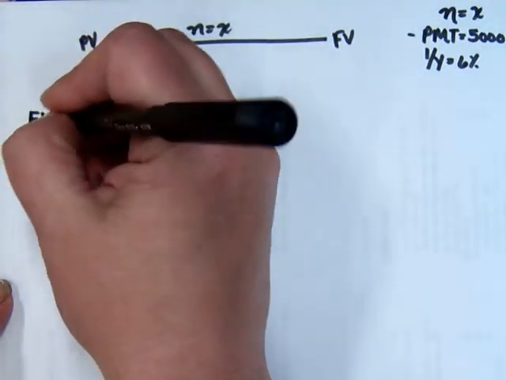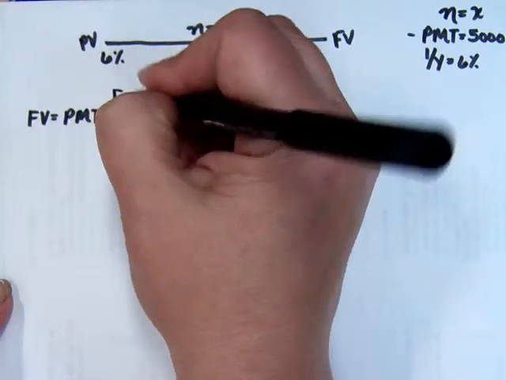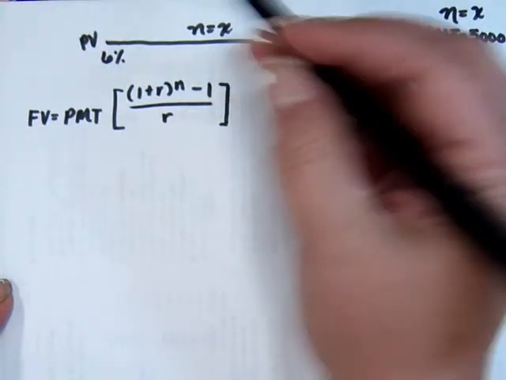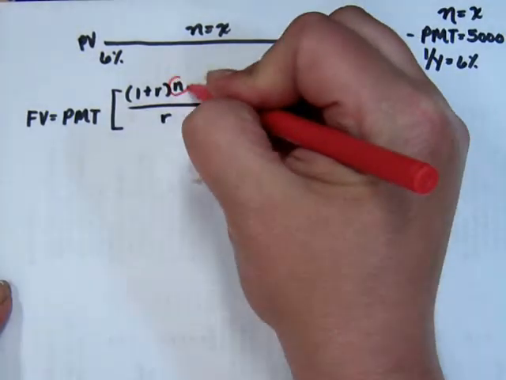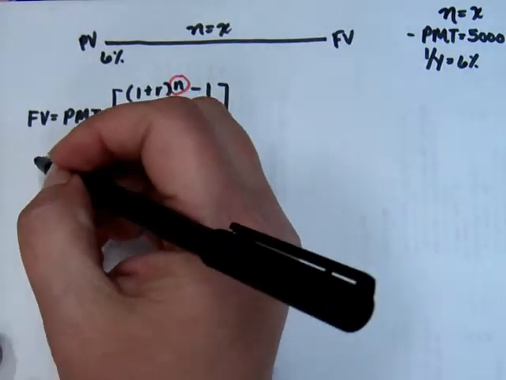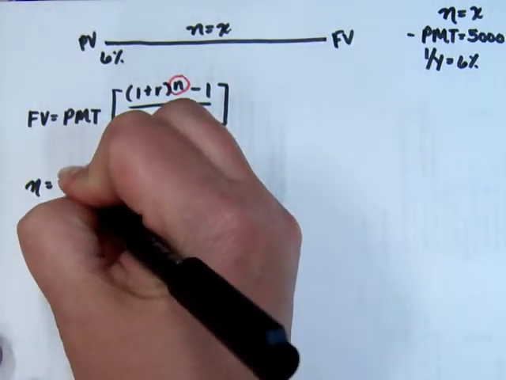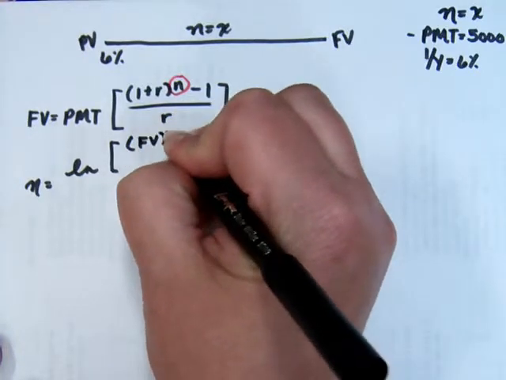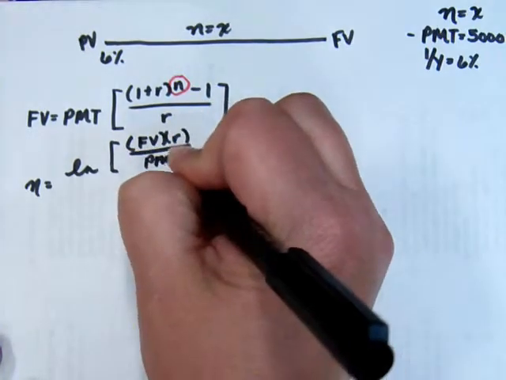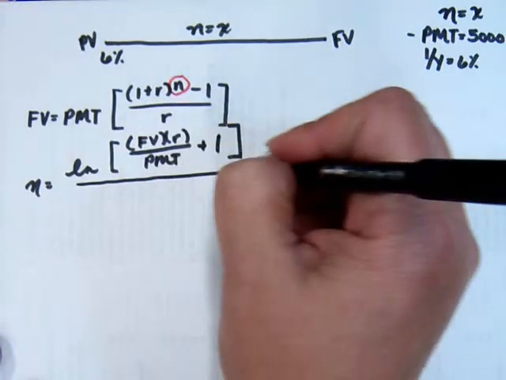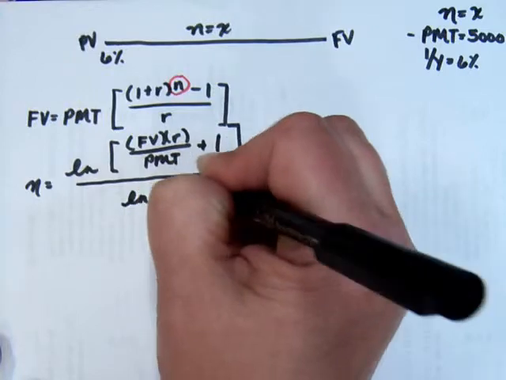The base formula for this is payment times (1 plus R raised to the nth minus 1) divided by R. Now, we can convert this so that we are solving for N. I'm not going to do a long step-by-step process of how to convert this using logarithms, but ultimately what you end up with is N is equal to the natural log of (future value times the rate divided by the payment, plus 1), and then that is divided by the natural log of 1 plus R. Let me put a little border around this.